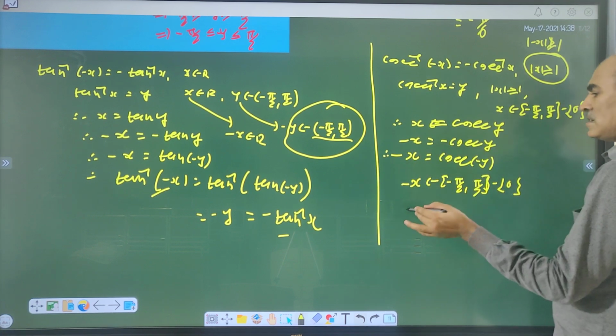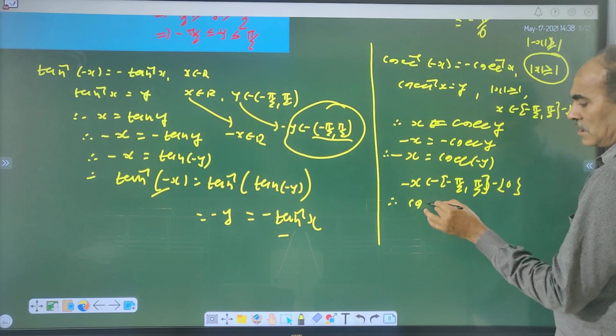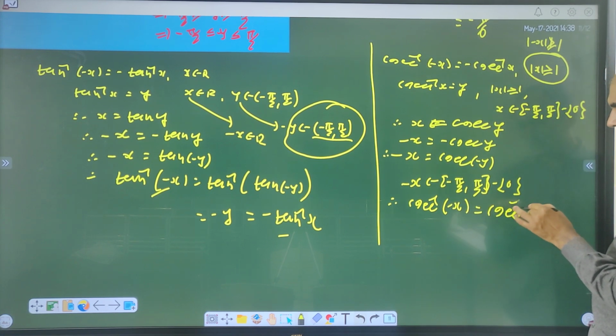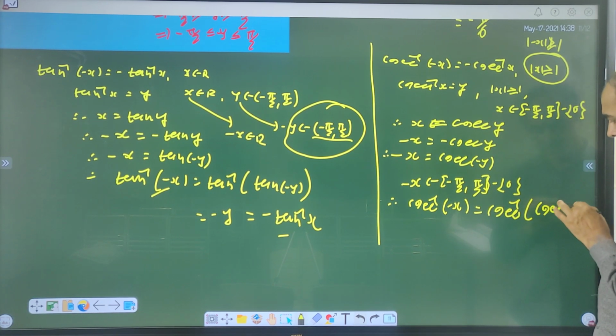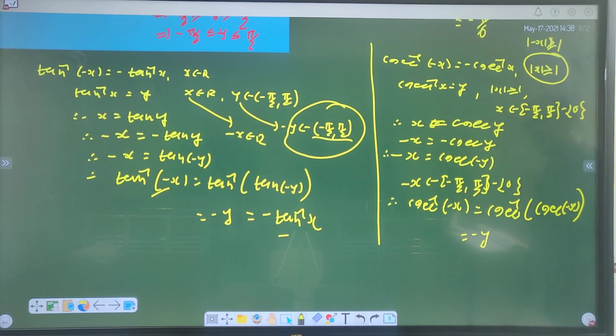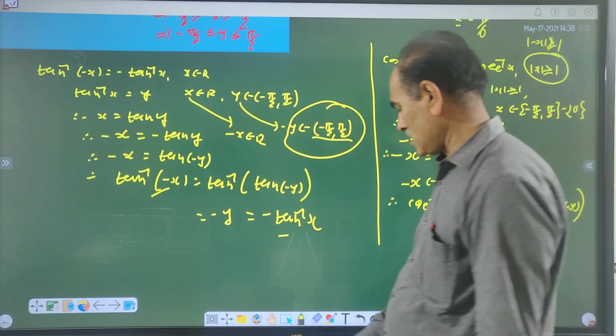So we can take cosec inverse on both sides. Cosec inverse of cosec minus y is equal to minus y, and so cosec inverse of minus x is equal to minus cosec inverse x. So this is the standard form number 3.